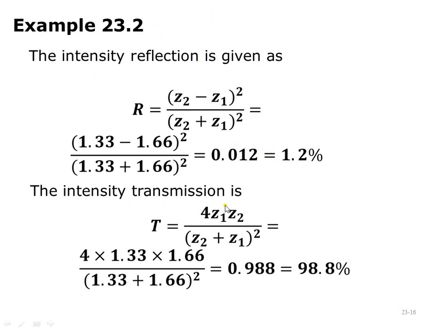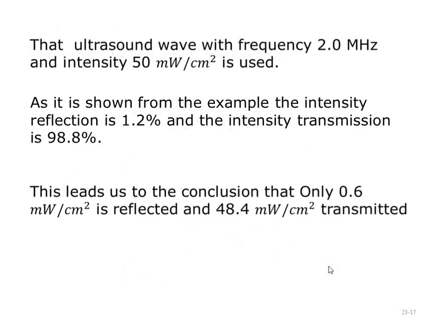And of course, the intensity transmission is 98.8% of the whole incident radiation. From here, we can distinguish between the intensity of reflection and intensity transmission, and we can get some information. Of course, this means that only 0.6 milliwatt per centimeter squared is reflected from the whole radiation, and 49.4 milliwatt per centimeter squared is transmitted.